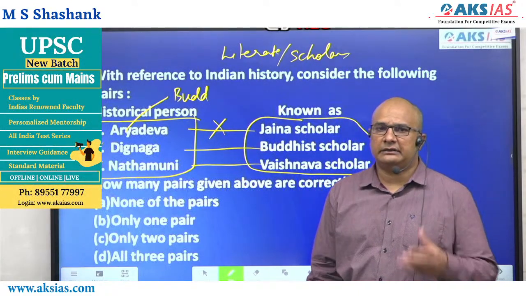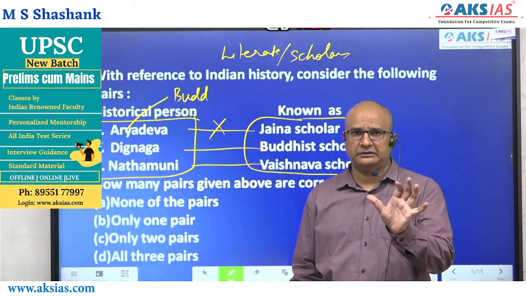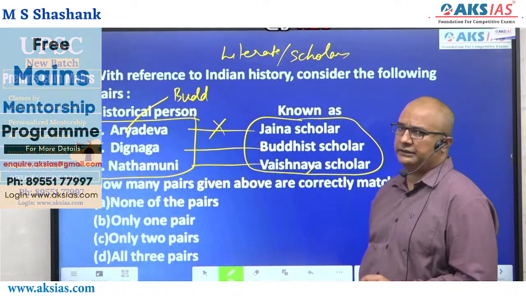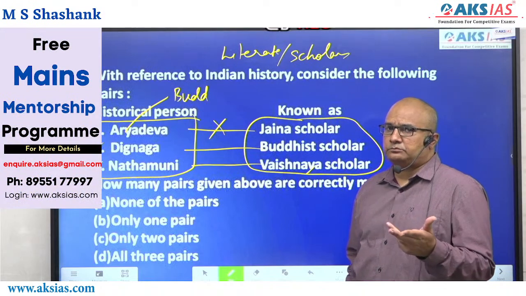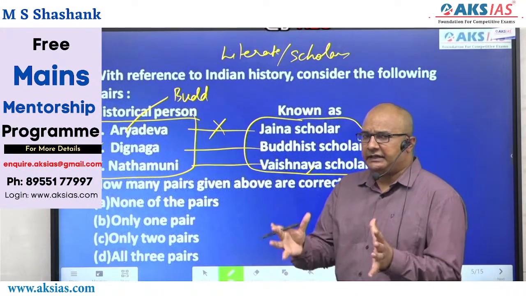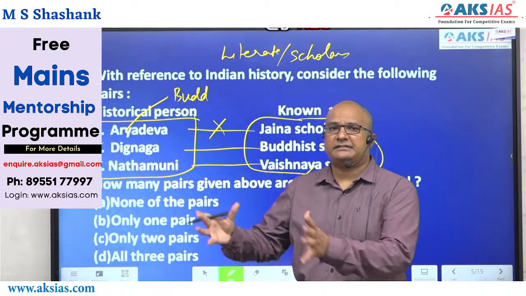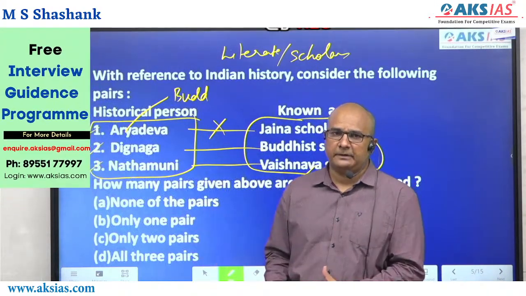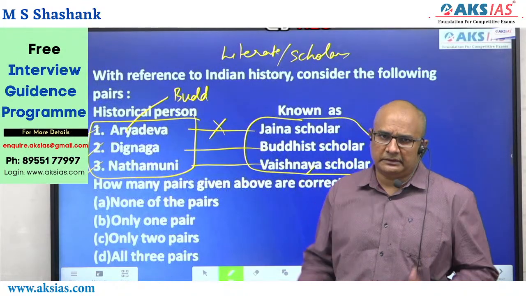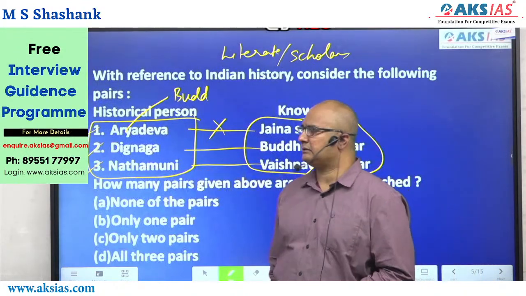For those who have done art and culture and the literature section, he is a very famous person. Nathamuni is a Vaishnava scholar, a Hindu, and he is known for compiling the sacred texts of the Vaishnava Bhakti movement, the Alvars, and the book's name is Nalayira Divya Prabandham. So he is that person, Nathamuni.